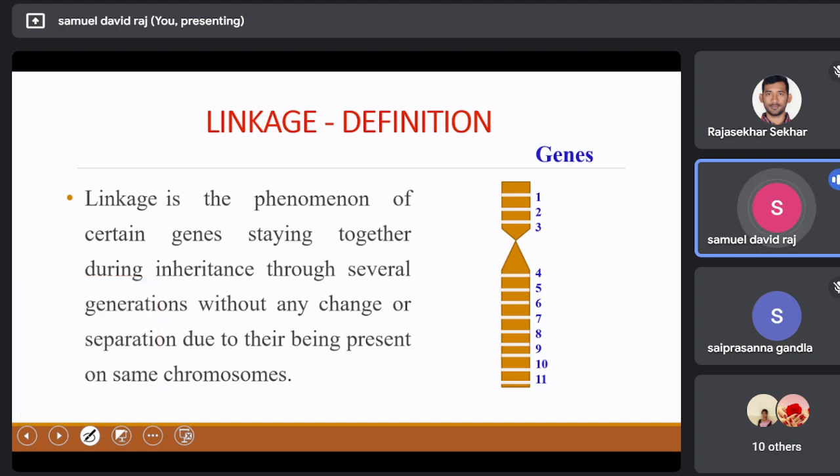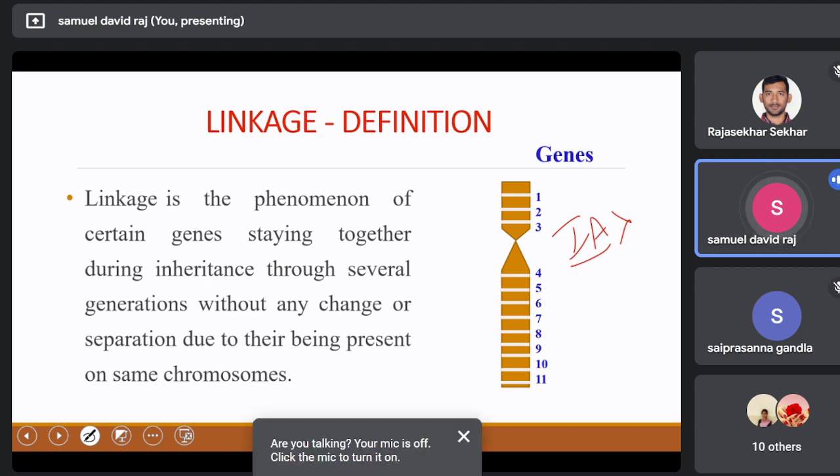And due to this phenomenon of linkage, Mendel's independent assortment is not possible. When we dealt with the critical review of Mendel's laws, we said that where there is linkage, there is no possibility of independent assortment.